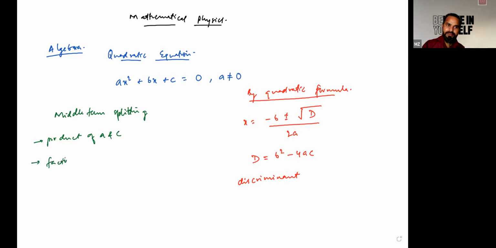Factor ac and arrange these factors which equal the middle term b. And then we rearrange them to find the unknown part.